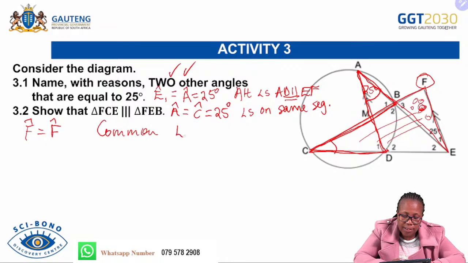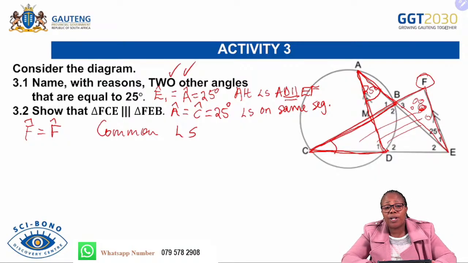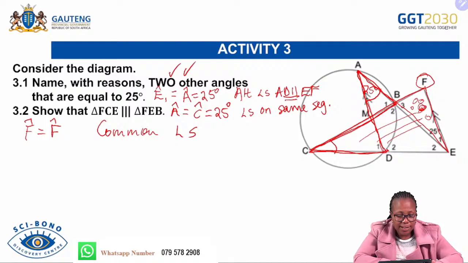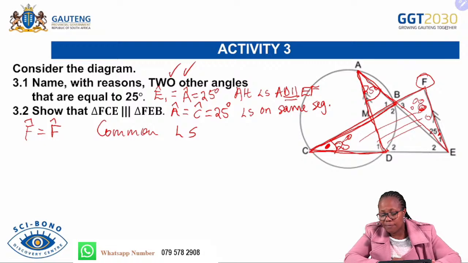So in most cases, you will be having this common angle. Not always, grade 12, but in most cases, right? Now we have identified F equals F. Let's see now C. In FCE, the bigger triangle, they are talking about this angle C. They say this C is equal to E. Is it true, grade 12? Yes, we have just proven above that C is also 25.